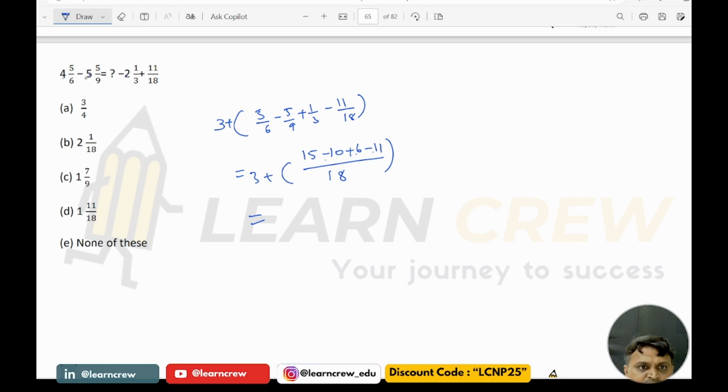So 4 minus 5 is minus 1 plus 2. Minus 1 plus 2 is 1. So it is 1. It is not 3. The value is 1. So the answer is none of these.